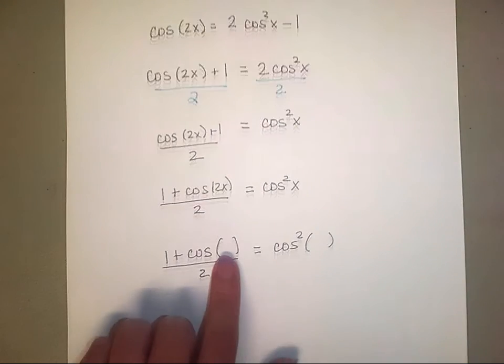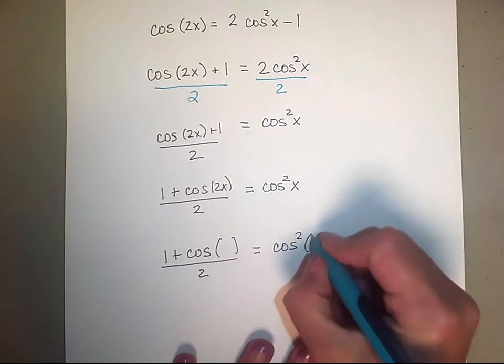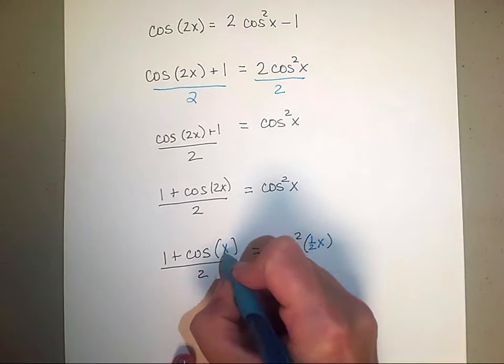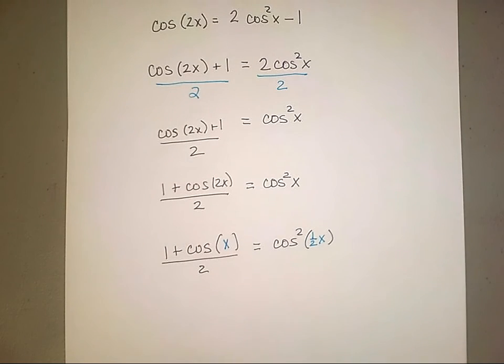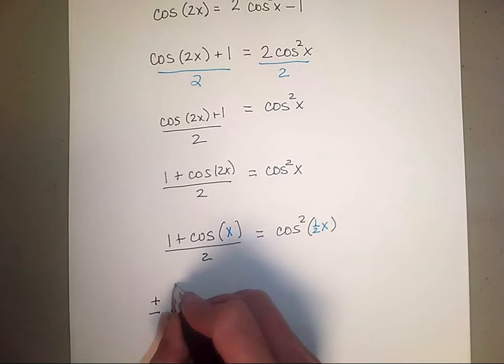I need the angle in here to be twice as much as the angle in here. I'm looking for the half angle formula, so twice the half angle is just the regular angle. And now we can take the square root. Again, we'll have the plus or minus.